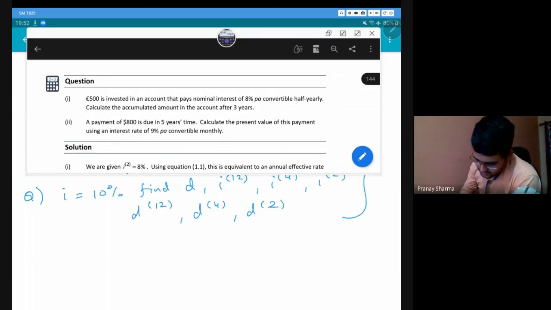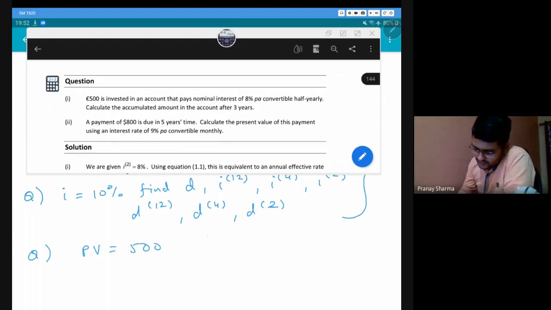So present value becomes 500, and the nominal rate of interest is 8% per annum, but it is convertible half yearly, so it is payable 2 times a year, so it becomes I2. Again, we will not say it is I square or I raised to bracket 2, we will say it is I2, or I payable 2 times a year.